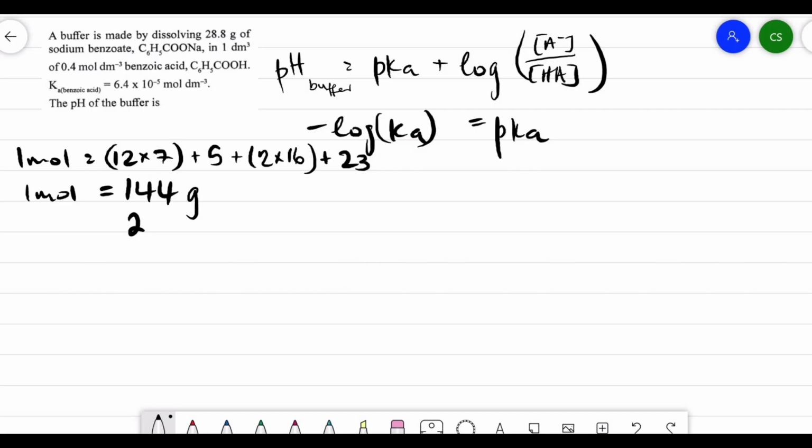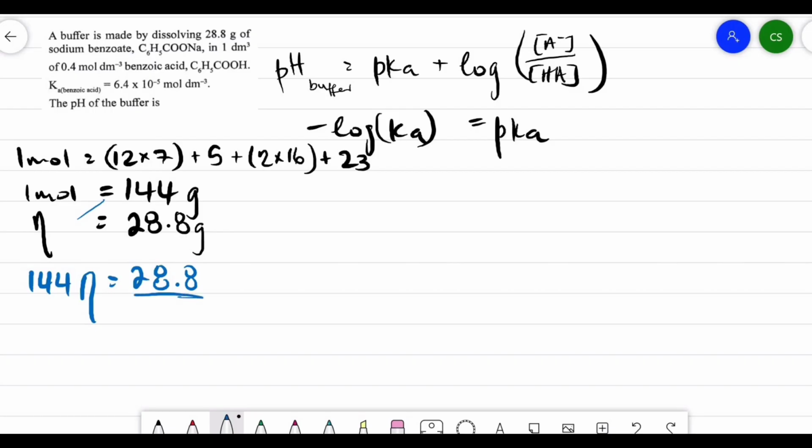So how much would 28.8 grams give you as per the number of moles? What you want to do is cross multiply, so you'd end up with 144 times the unknown number of moles being equal to 28.8 grams.